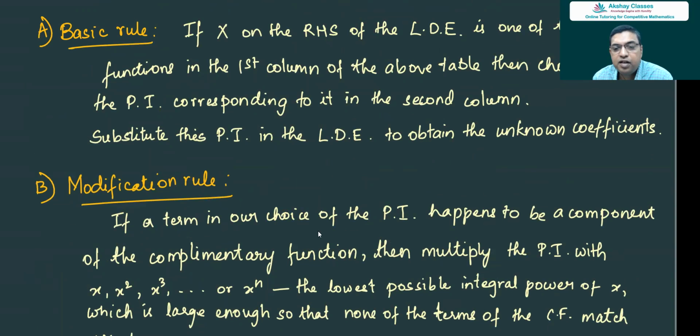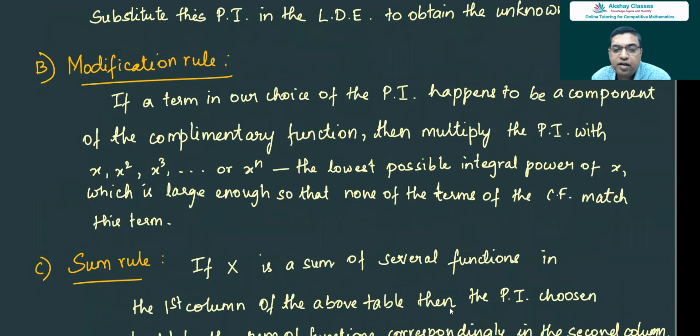If a term in our choice of y_p happens to be a component of the complementary function, then multiply y_p with x, x squared, x cubed, or x^n, the lowest possible integral power of x which is large enough so that none of the terms of the complementary function match with this term.